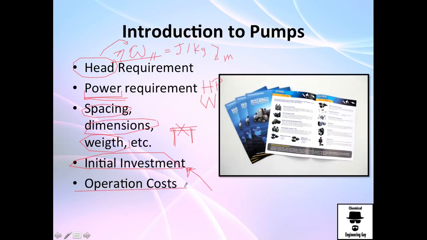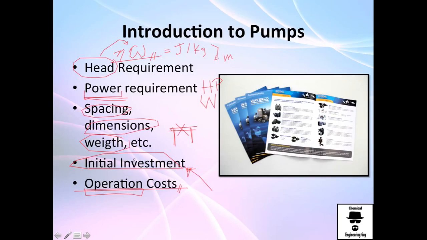And operation costs. Many pumps are very nicely suited for the business, many others are not, because they have a high cost of operation. Even though maybe it was cheap, operating the pump is very expensive.